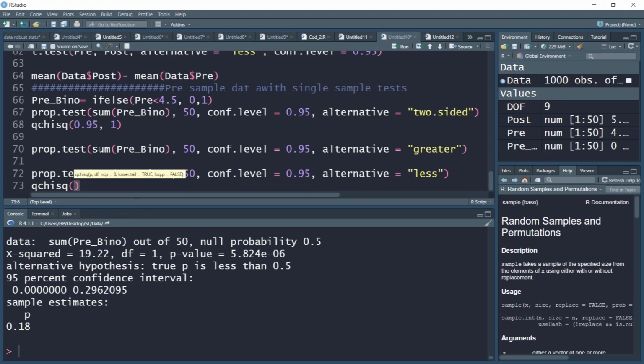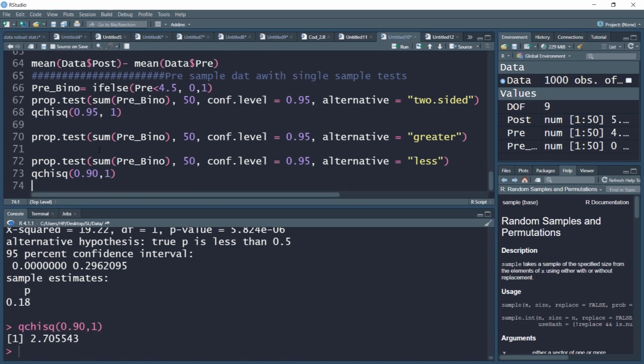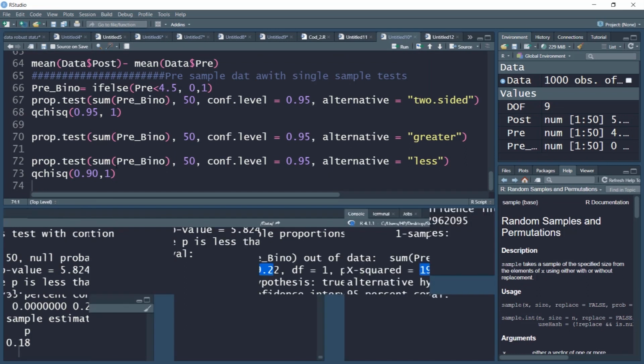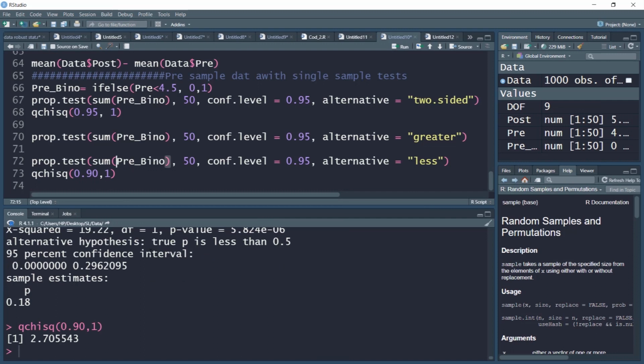Since it is a single-tail test, I'll put the argument as 0.90 comma 1, and I get 2.70, which is again much less than 19.22. So with a lot of confidence I can say that it is less than 50%. Again, if it was a two-tail test I would have provided 95. Since it is a single-tail test, I am considering 0.90.